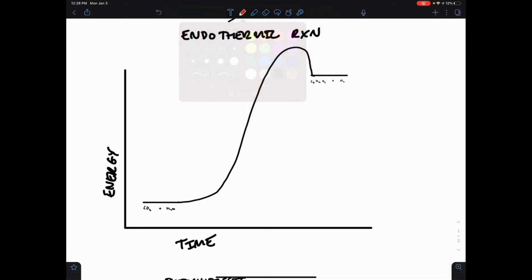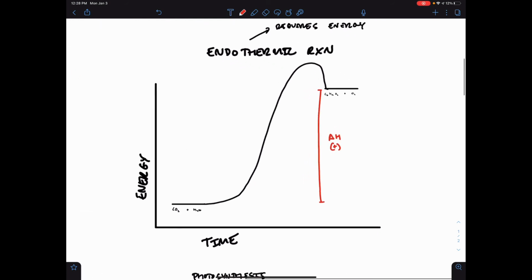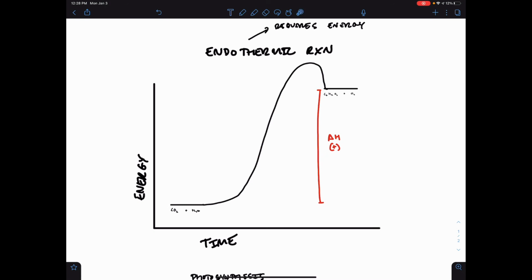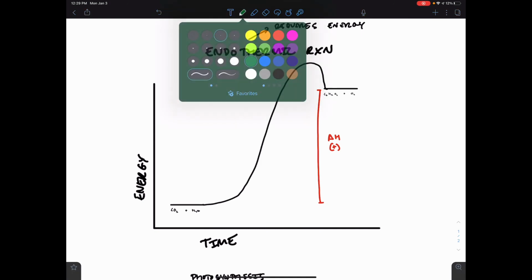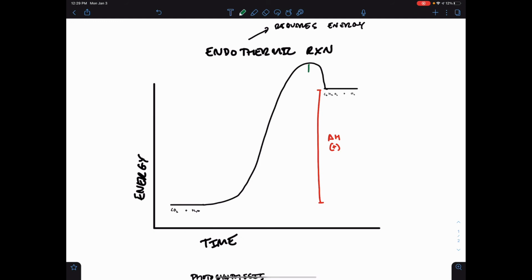And again, this distance here from the initial energy is called delta H, and in this case, it's going to be positive because it's an endothermic reaction. We required energy, so our products have more energy than the reactants, and the difference between the peak of the reaction and here is our activation energy.